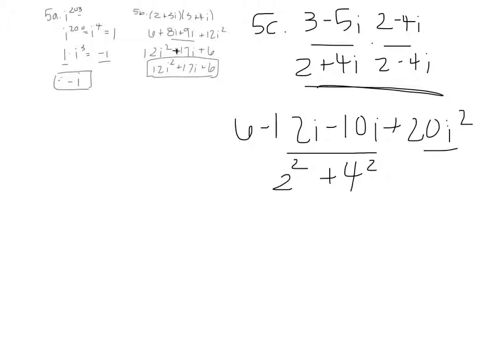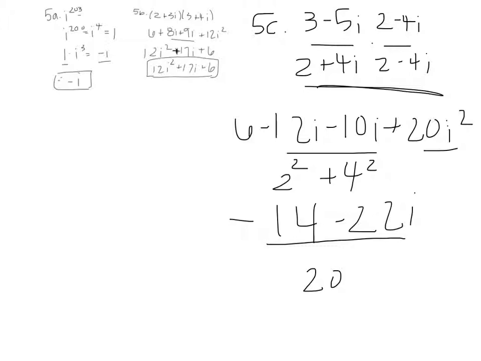And 20i squared is the same as negative 20 because i squared is negative 1. So we would multiply that by 20, and we would get negative 14, because negative 20 plus 6 is negative 14, minus 22i, and this is over 20, because 4 squared is 16 and 2 squared is 4, which equals 20.